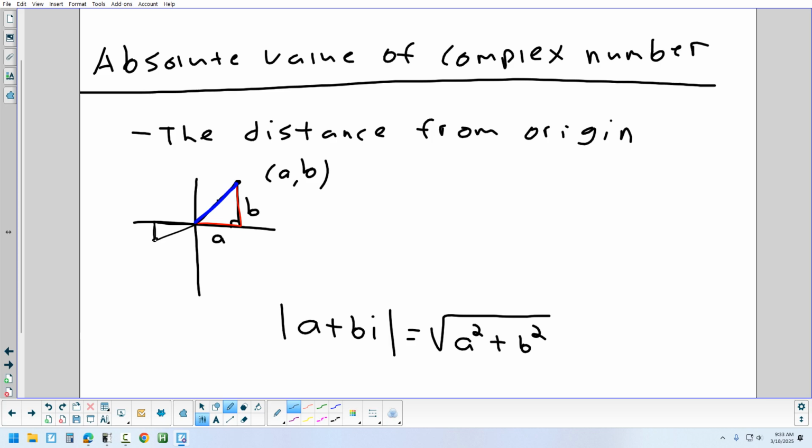There is no i in this formula. The i is in the complex number to tell you that's the vertical movement. But when you're actually finding the hypotenuse, you just use real numbers. Any question on that formula?